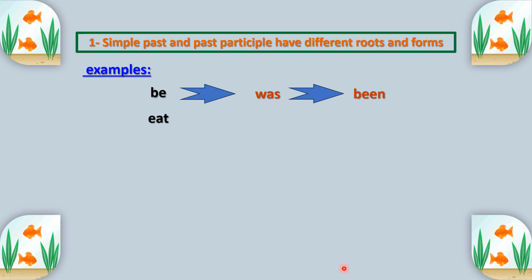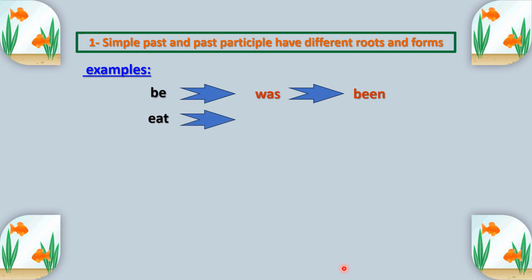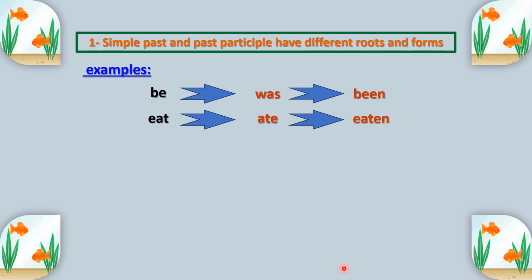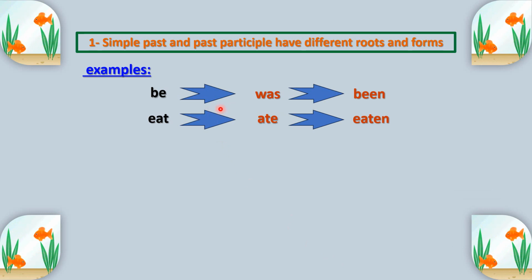Yes, another verb, to eat. So what is the simple past of the verb to eat? Ate. Yes, ate. And the past participle is eaten. Yeah, very good. So look at here these verbs. These verbs do not keep the same roots.